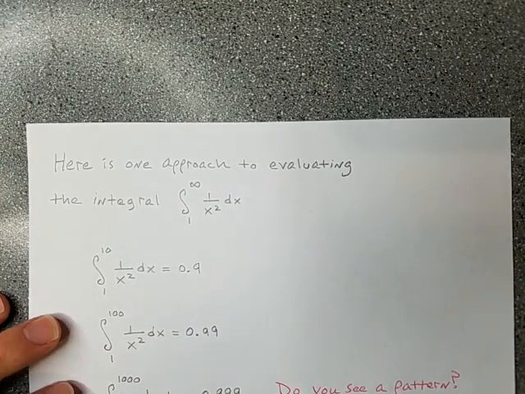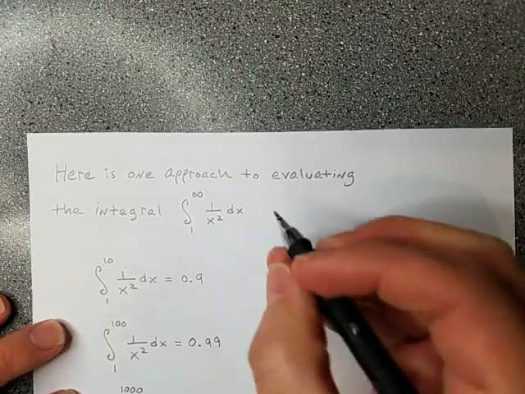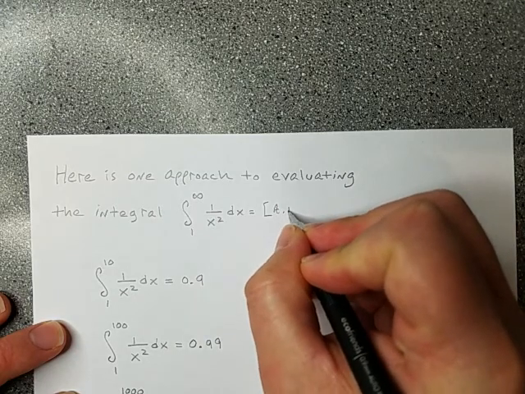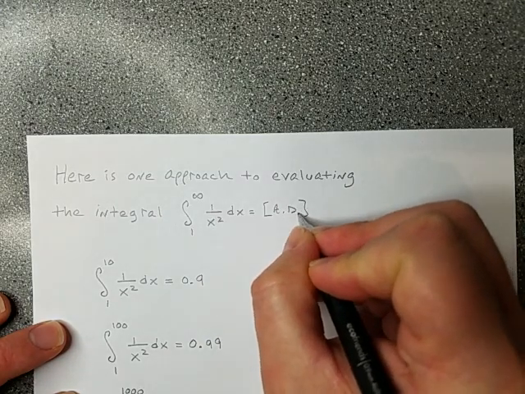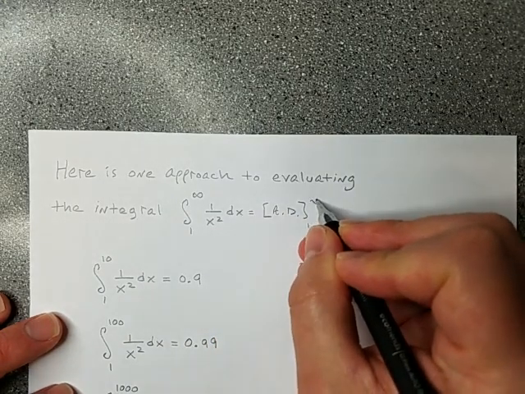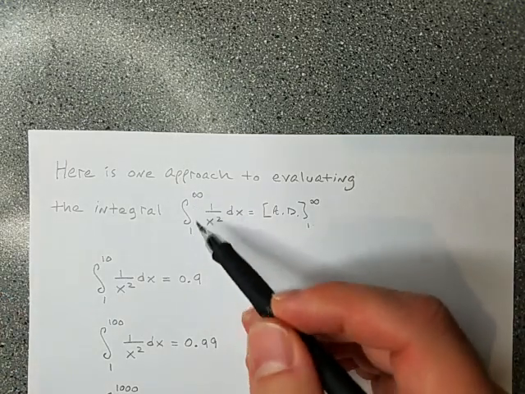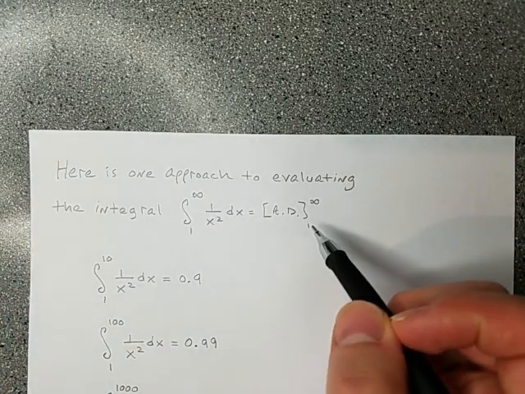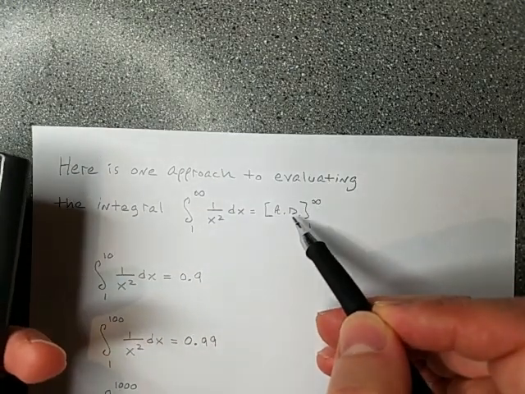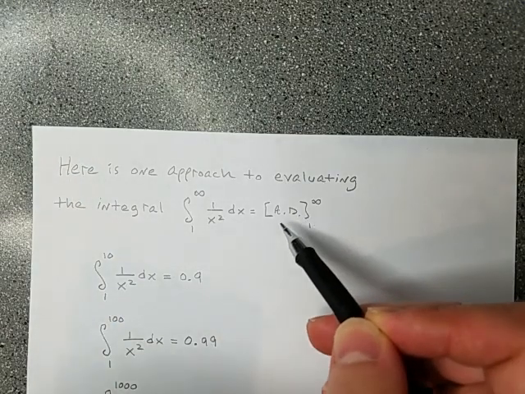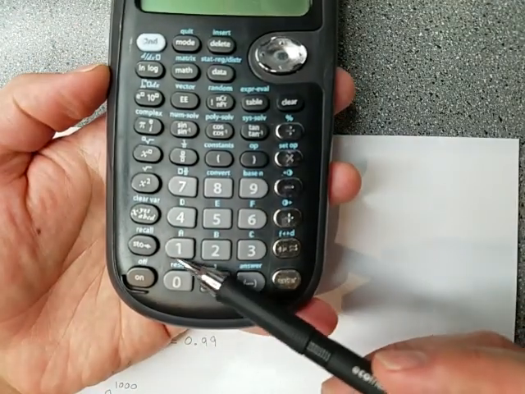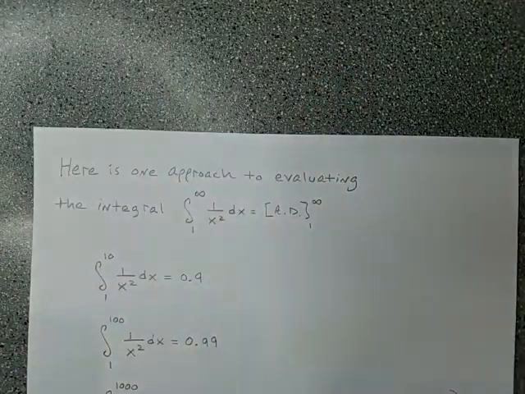If I was going to calculate this by the fundamental theorem of calculus, I would find the antiderivative of the function 1 over x squared, put in the upper and lower limits of integration, and do a calculation. But how are you going to put infinity in and do a calculation? I can put 1 in and do the math, but there's no infinity button here. Infinity is not a number.